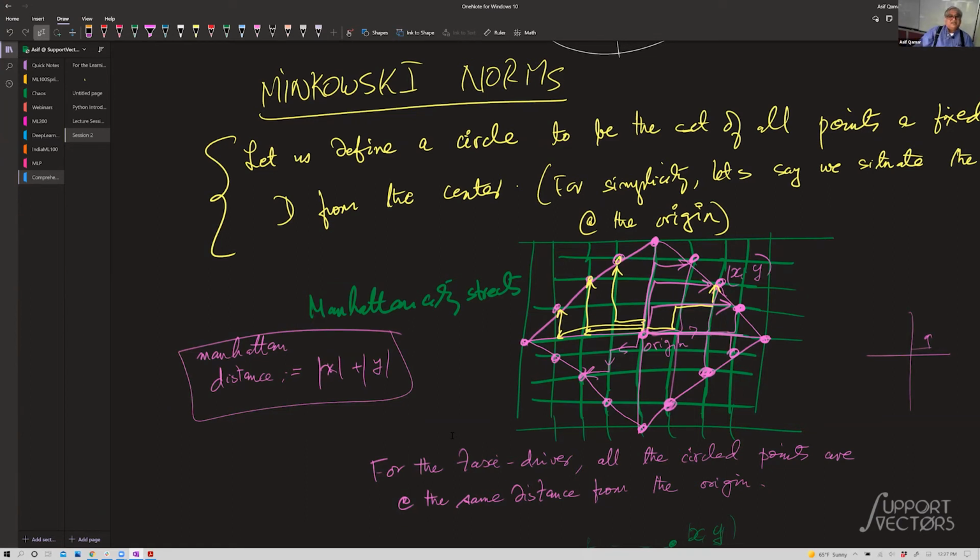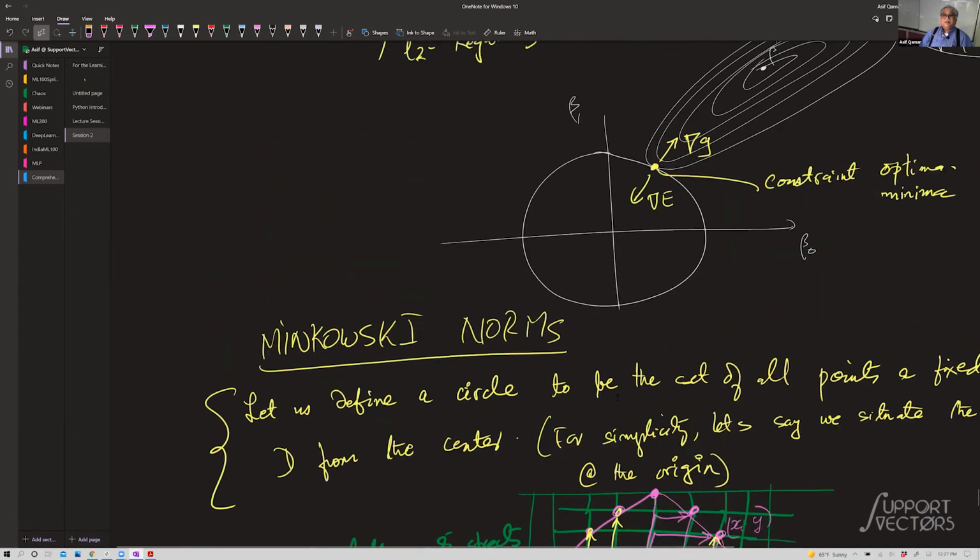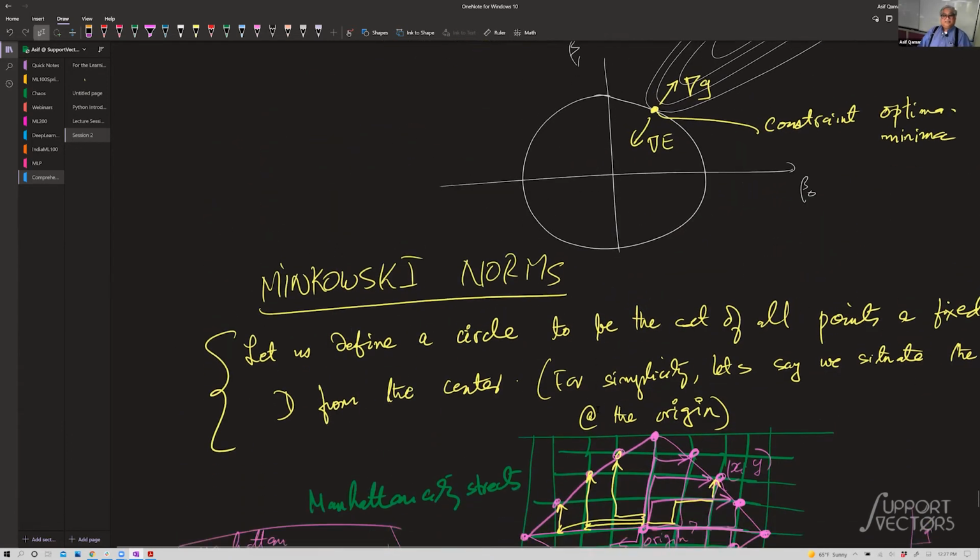So if we define a circle to be the set of all points of fixed distance from D, now the only question is that how are you allowed to move, isn't it? Can you do as the bird flies, or must you do it as a taxi driver? Do you see that? This definition is as the bird flies. The normal circle is as the bird flies.